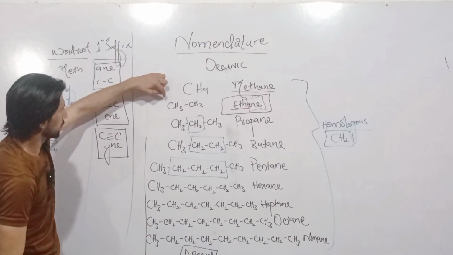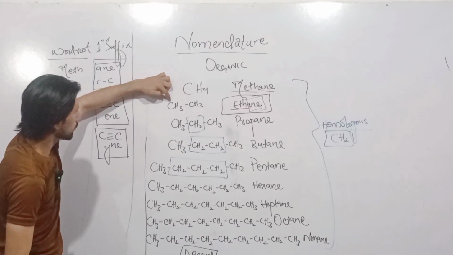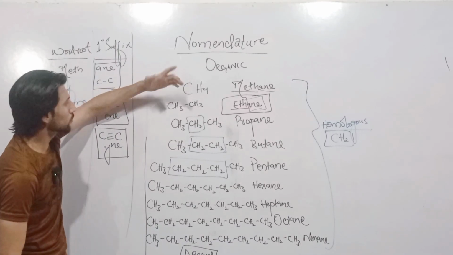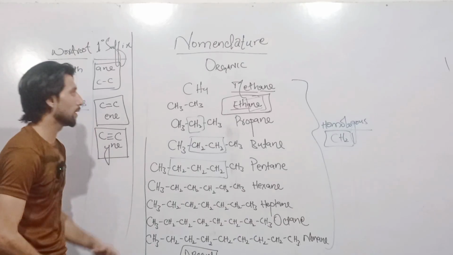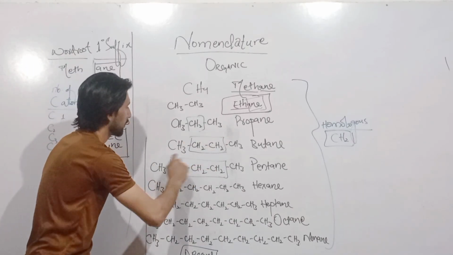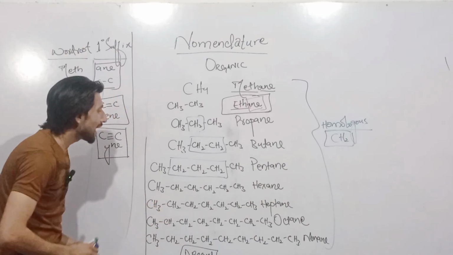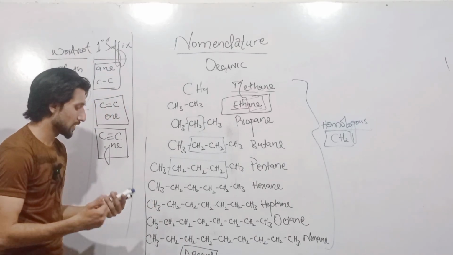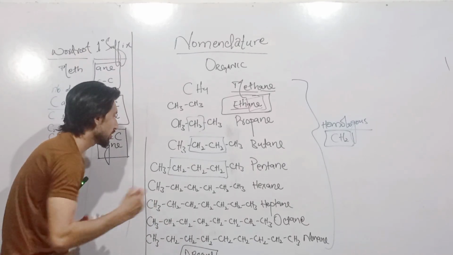If you were to start from one carbon and jump to another carbon, you do not have any alternative path. Here, a straight path. What I am trying to say is that these are straight chains.